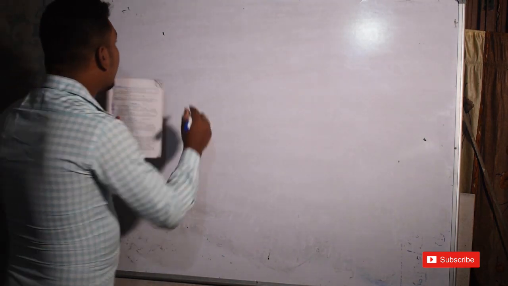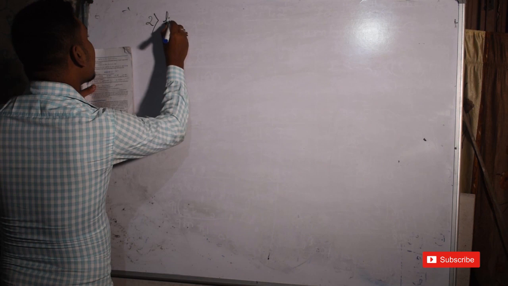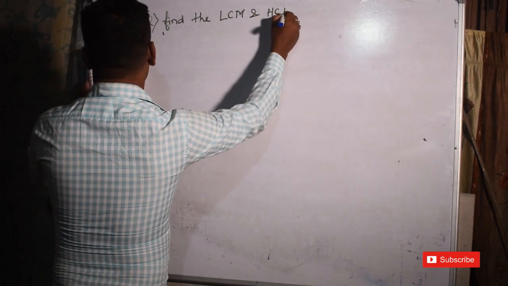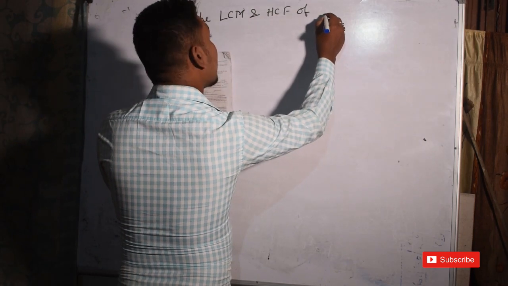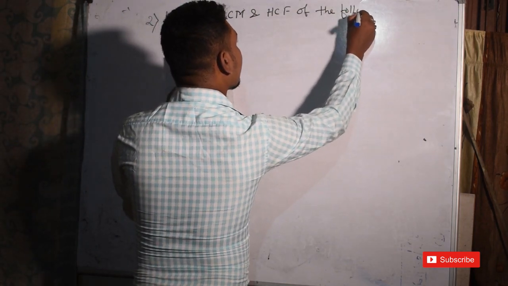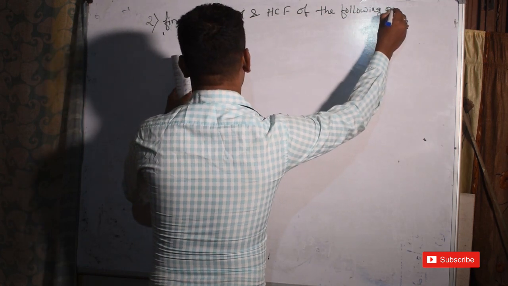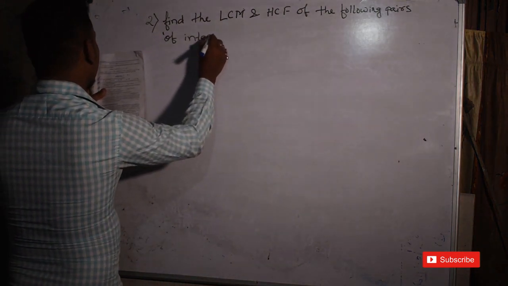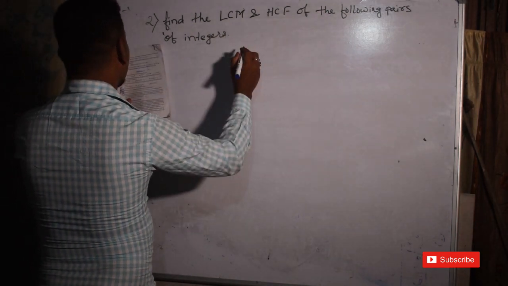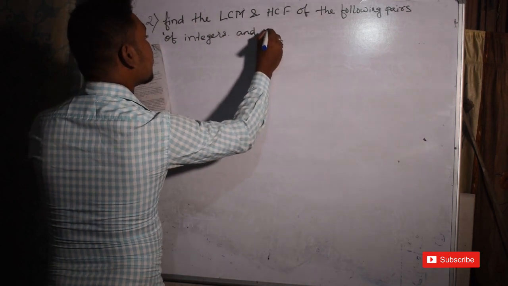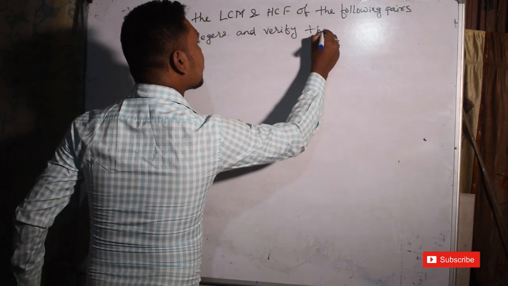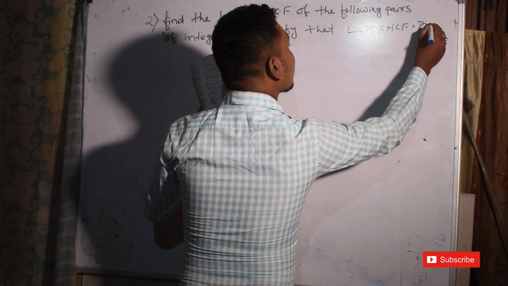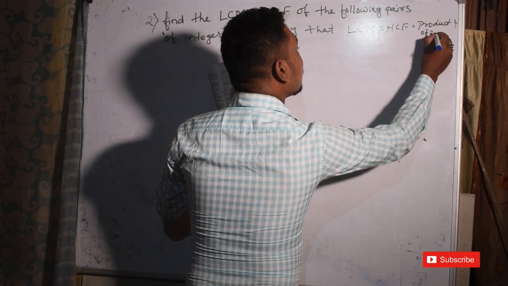So the second question is, find the LCM and HCF of the following pairs of integers and verify that LCM into HCF equals the product of the two numbers.